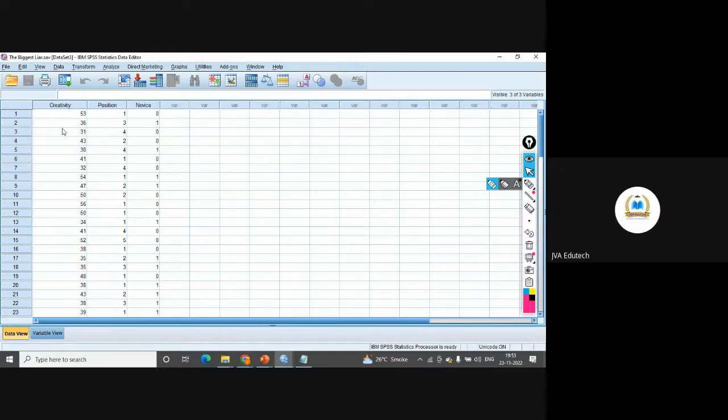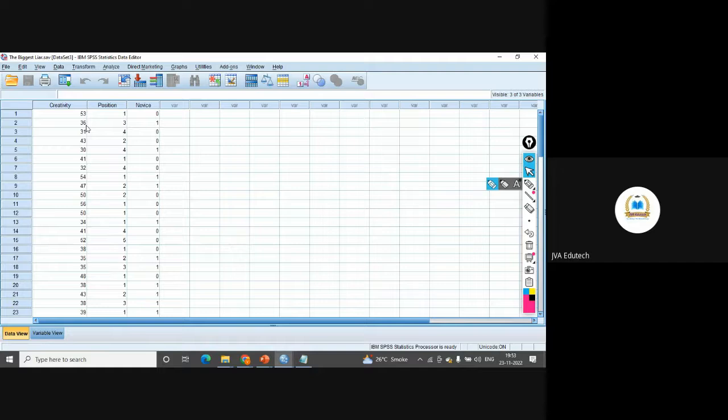So one variable is a continuous variable, another variable is an ordinal rank variable. This position is an ordinal rank variable. So I want to find the relationship between creativity and their position in the competition.